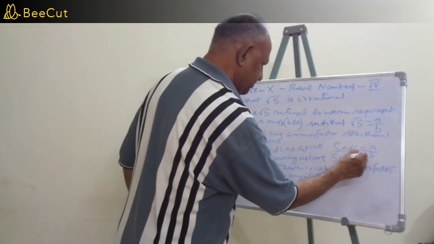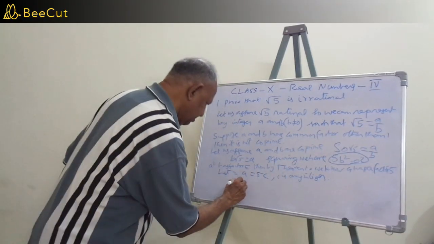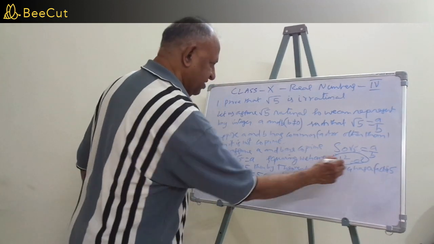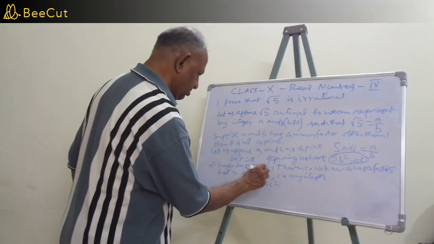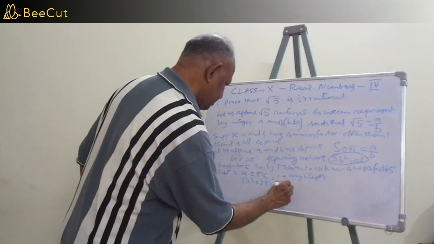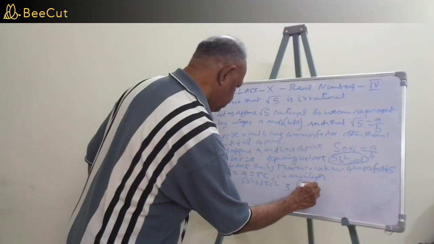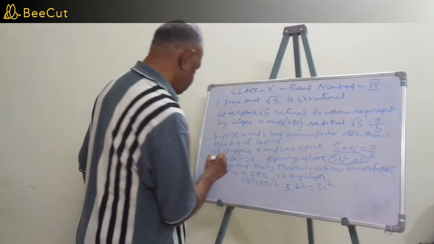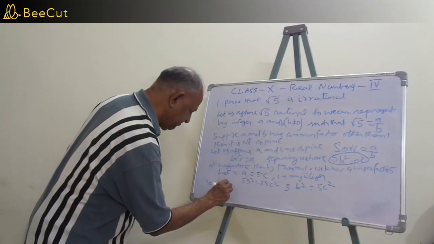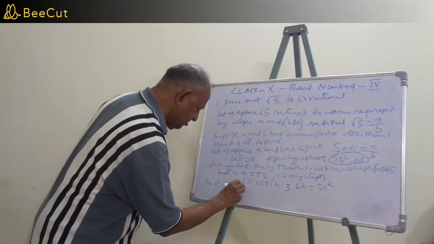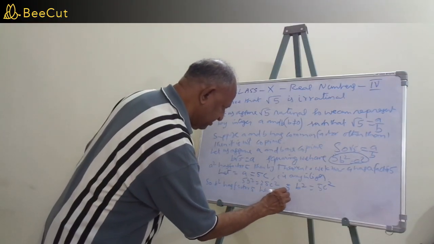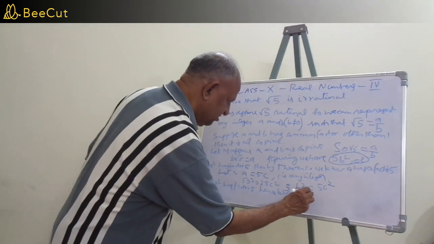Substituting this in the equation, 5b squared is equal to 25c squared, which can be written as b squared is equal to 5c squared. So b squared has a factor 5, hence b has a factor 5.